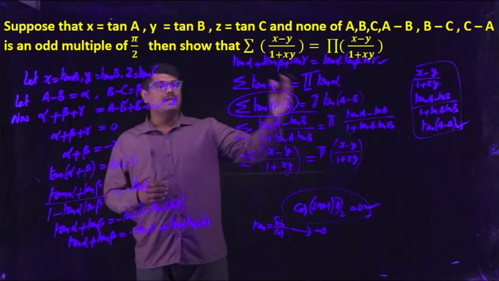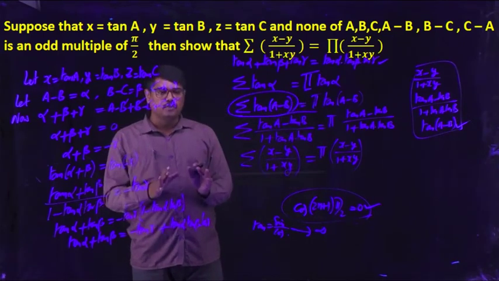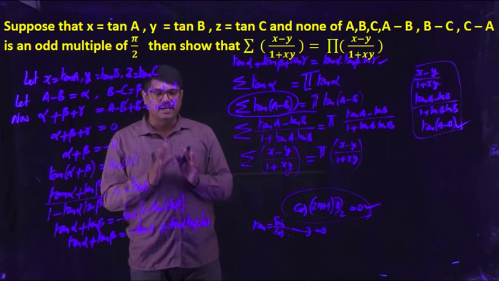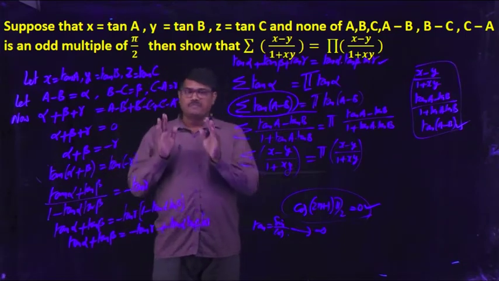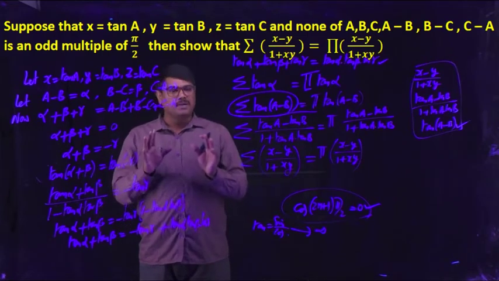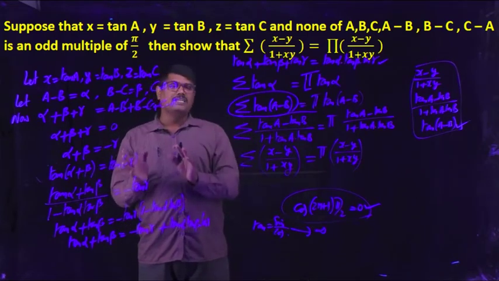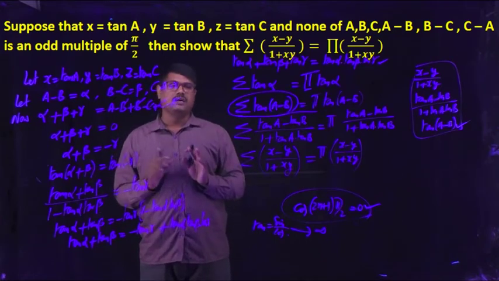In the same manner, B minus C and C minus A are not to be odd multiples of pi by 2. That's why in problems, sometimes for the well definition of the problem, they give some conditions which are not directly useful in the problem, but you have to understand the concept.